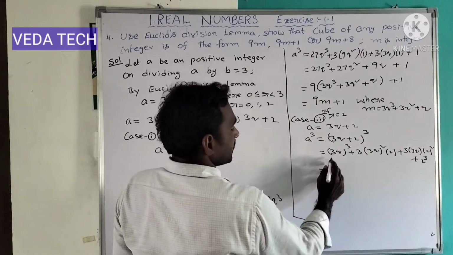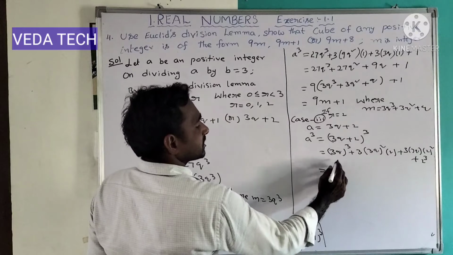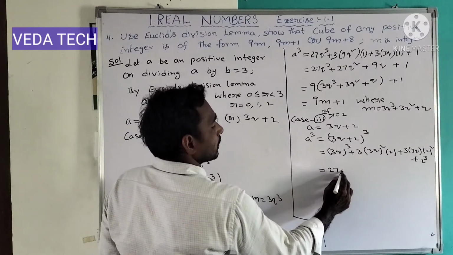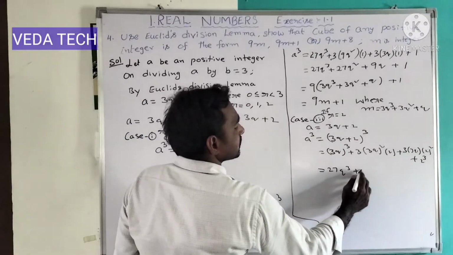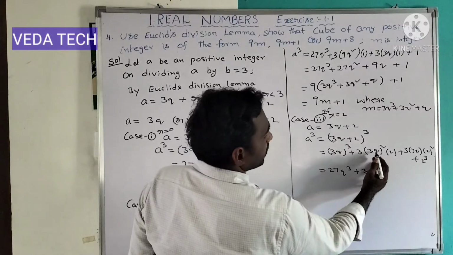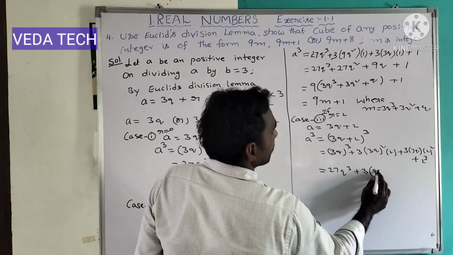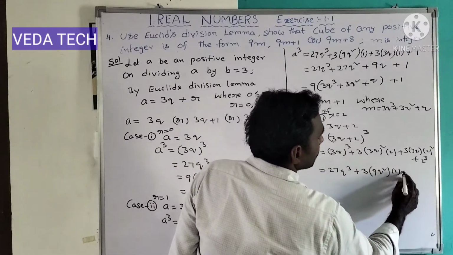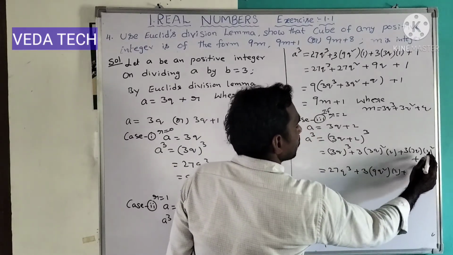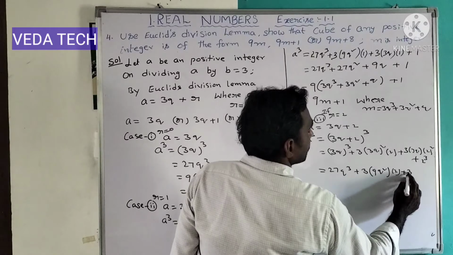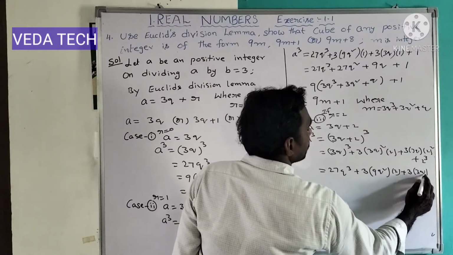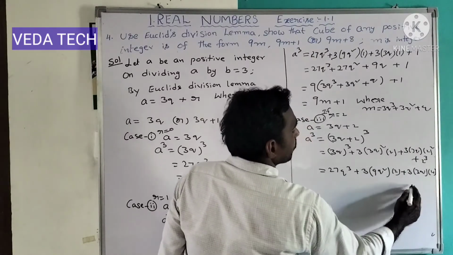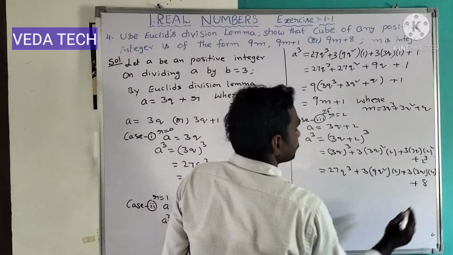That is 27 q cube plus 3 into 3q whole square, which is 9q square, into 2, plus 3 into 3q into 4, since 2 square is 4, plus 2 cube, which is 8.